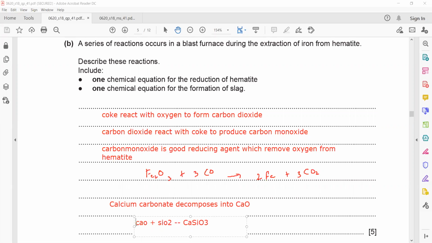And for this one, you will mention calcium oxide is a basic oxide, reacting with an acidic oxide, silicon dioxide, to form slag.